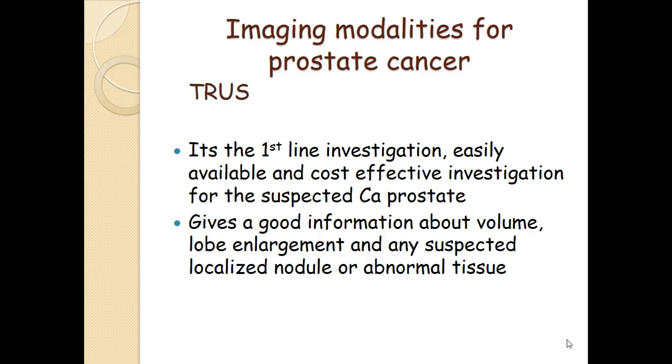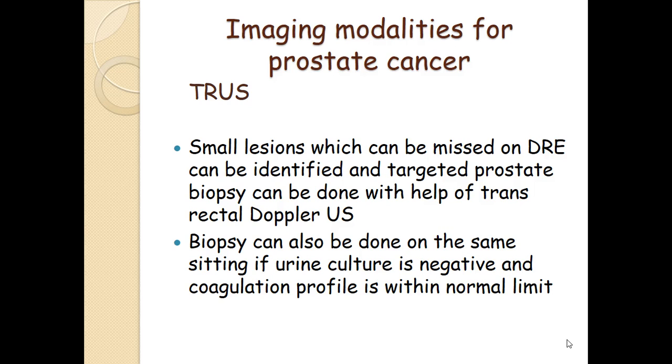So the imaging modalities include TRUS. It is the first line investigation, easily available and cost effective for suspected CA prostate. We usually do it in patients who have increased serum PSA. It gives good information about volume, lobe enlargement, and any suspicious localized nodule or abnormal tissue.